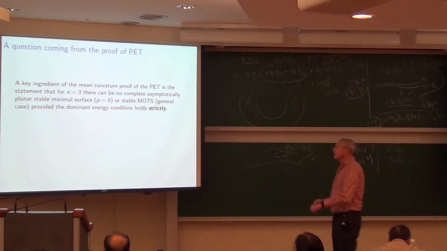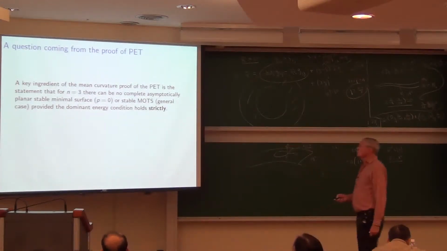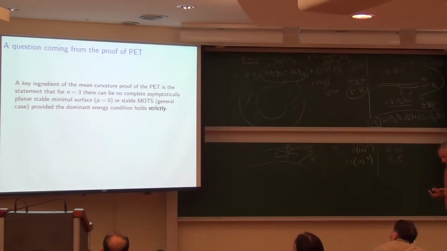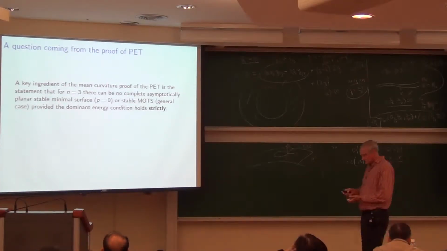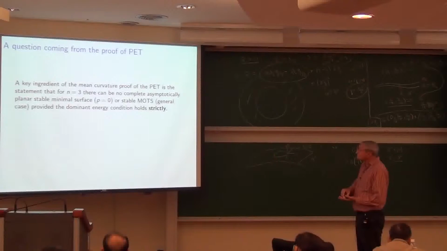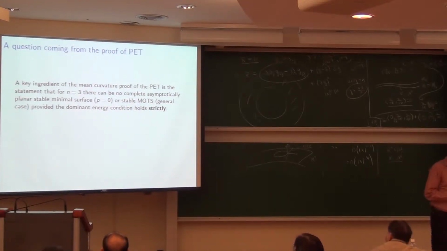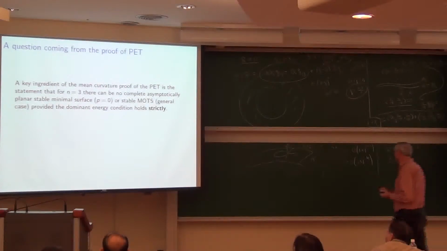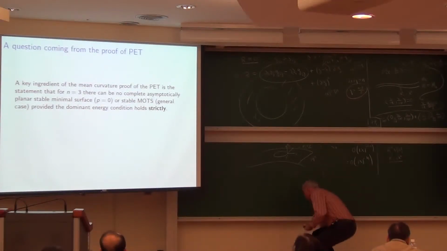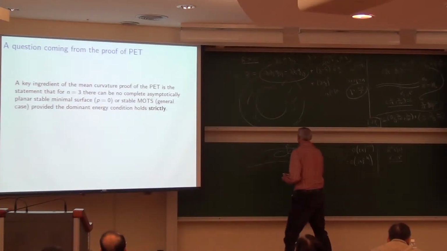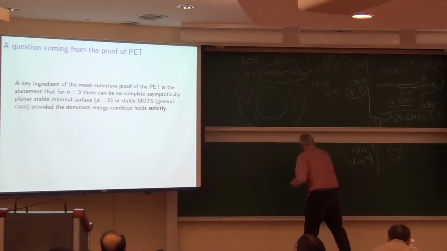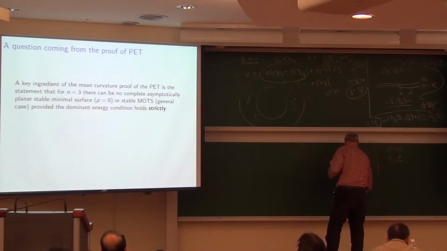Okay, and so I want to just close part two by talking about a question. So it turns out that in the proof of the positive energy theorem, there's a slightly different kind of MOTS that comes up. Namely, the original proof involves looking at MOTS which are not compact, but which are asymptotically planar.